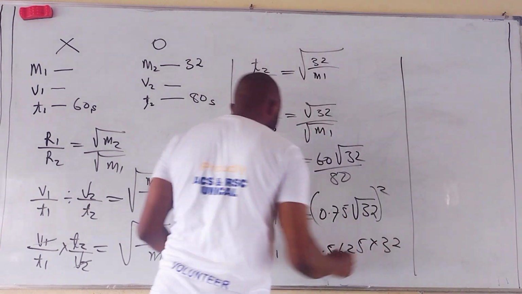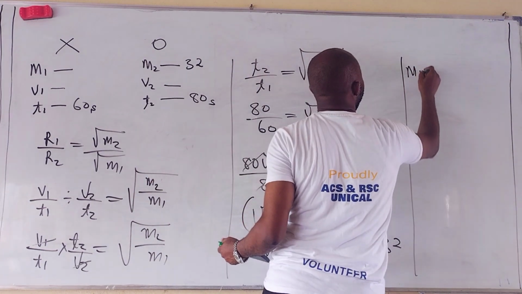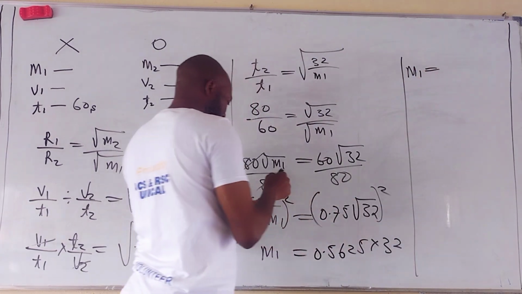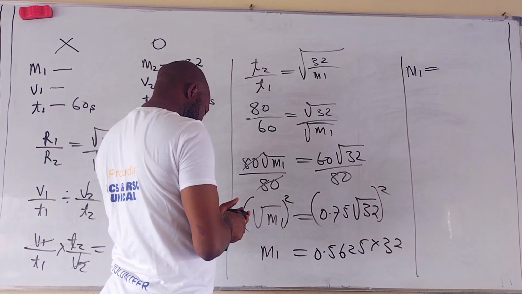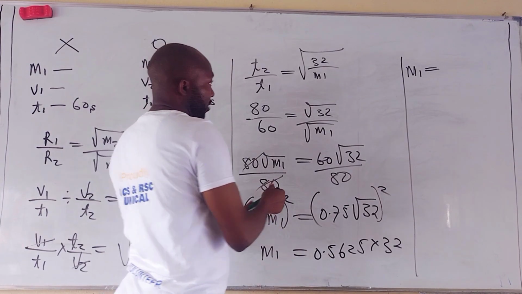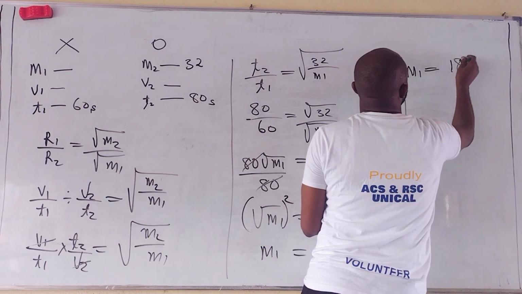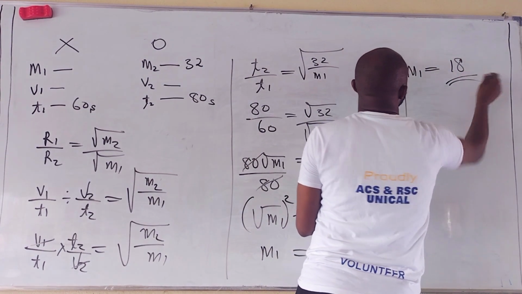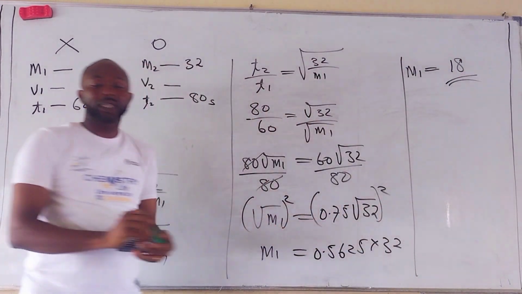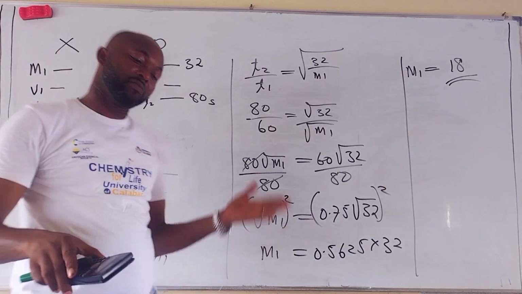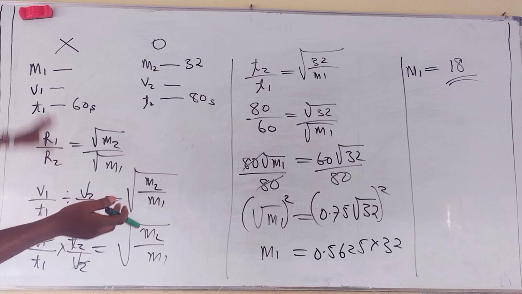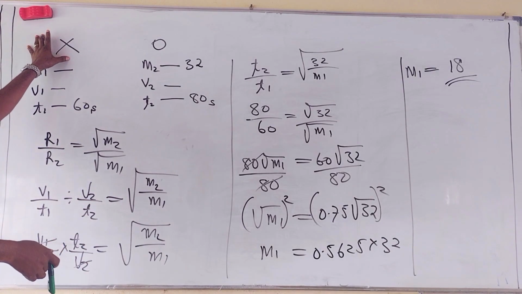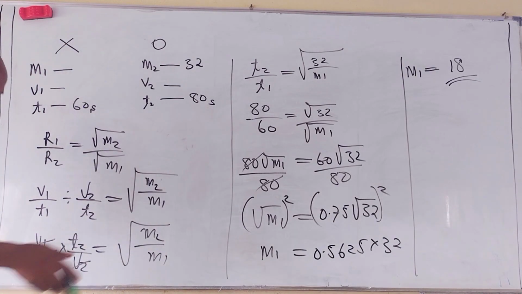So my M1 finally becomes 0.5625 times 32, and I have 18 g/mol or whatever it is. So that is the relative molecular mass of the unknown gas X. That of oxygen we could determine.